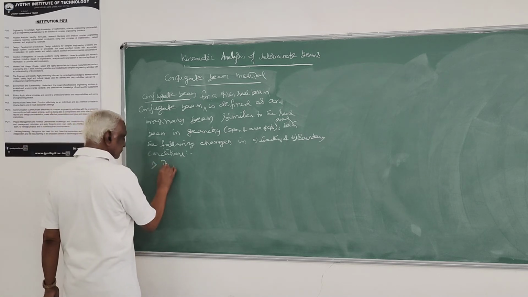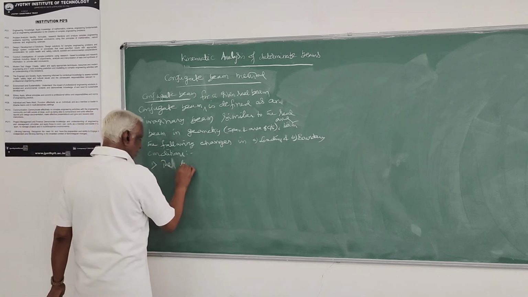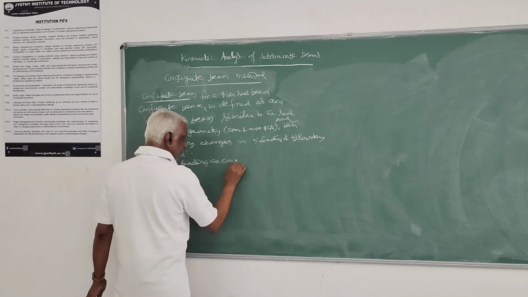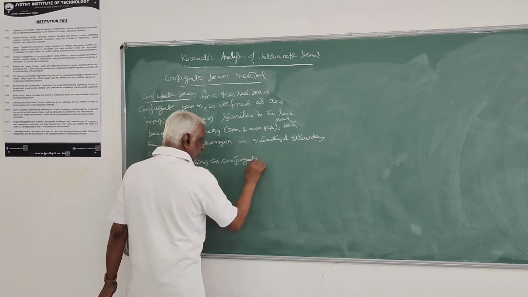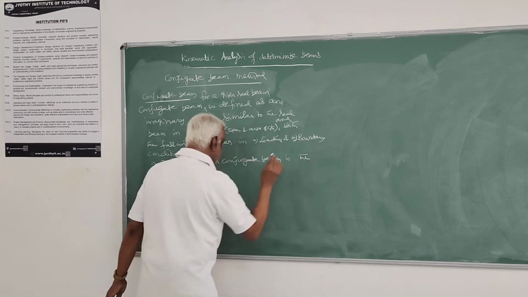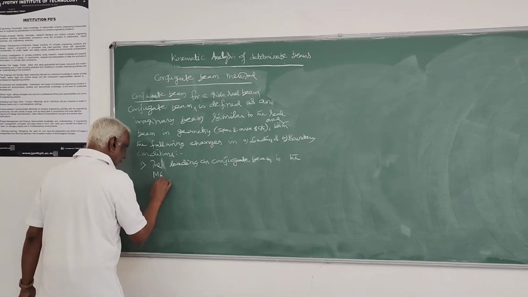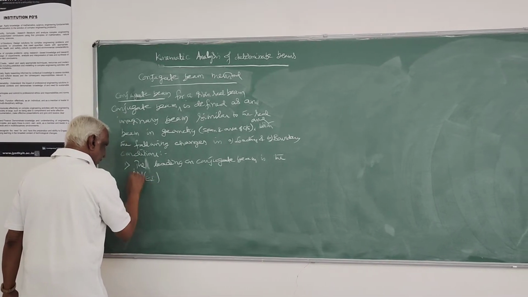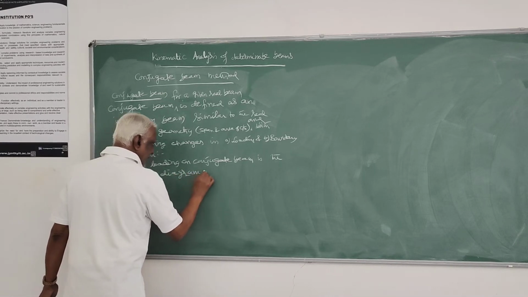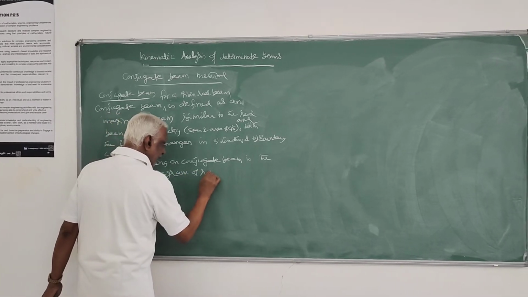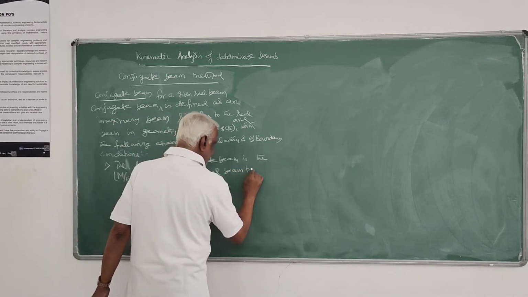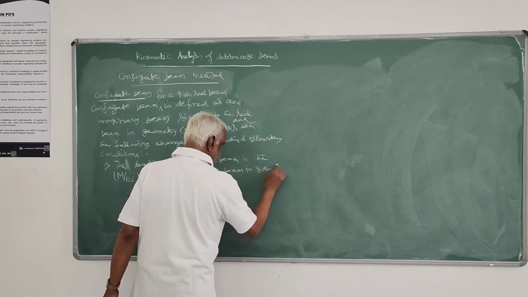The loading on the conjugate beam is the M by EI diagram of the real beam for the given loading.